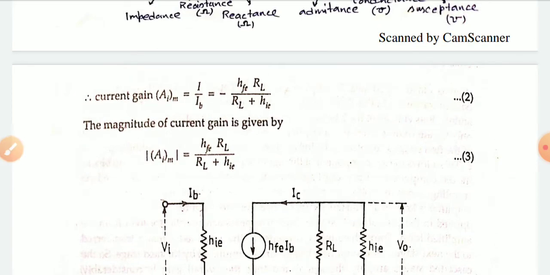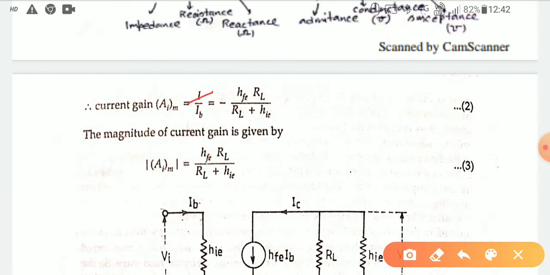You put the value for I in this position, and then I_b, and the R_A upper side will be omitted there. So the ultimate expression for the current gain becomes minus h_fe R_L by R_L plus h_i.